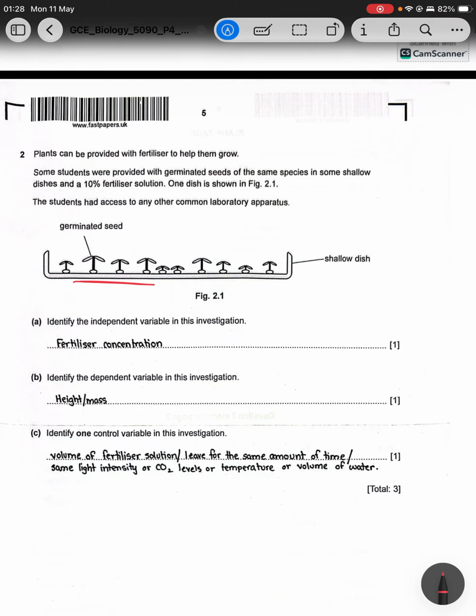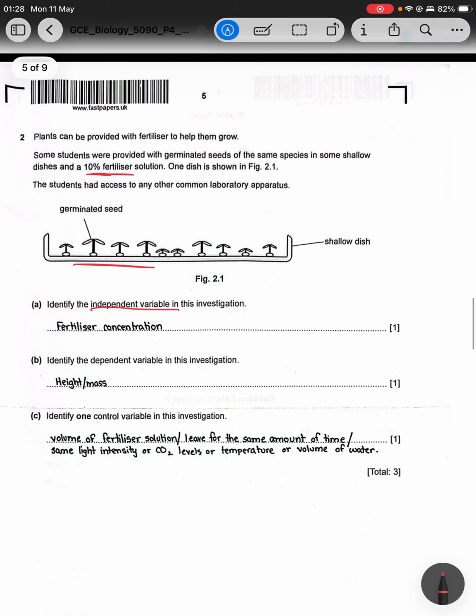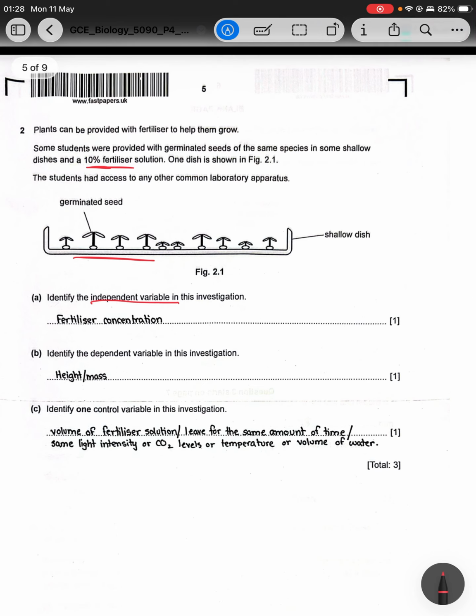So this is a dish over here, and these are germinated seeds. And then you have to identify the independent variable, which is obviously the fertilizer concentration. And the dependent variable is the height or the mass. So either one, because that's the one you're measuring, because that's the outcome of the experiment.